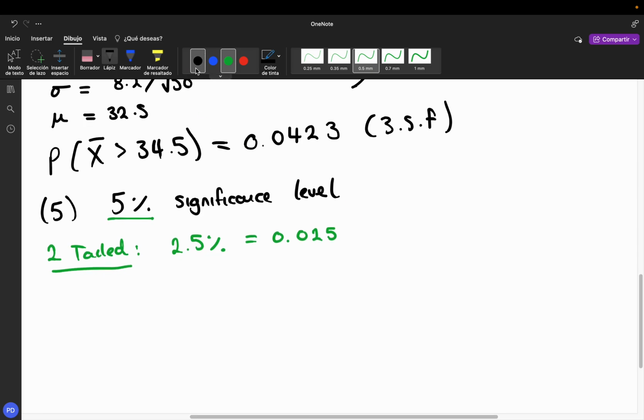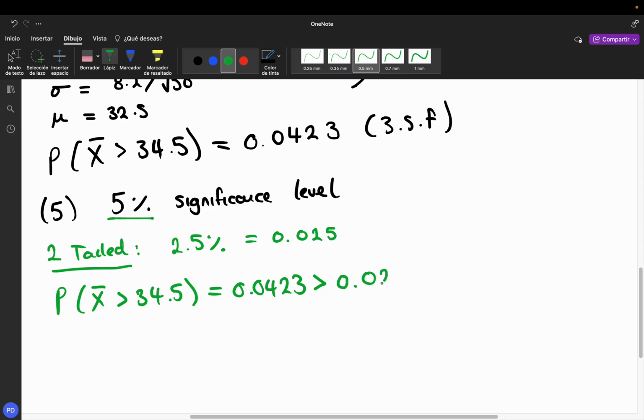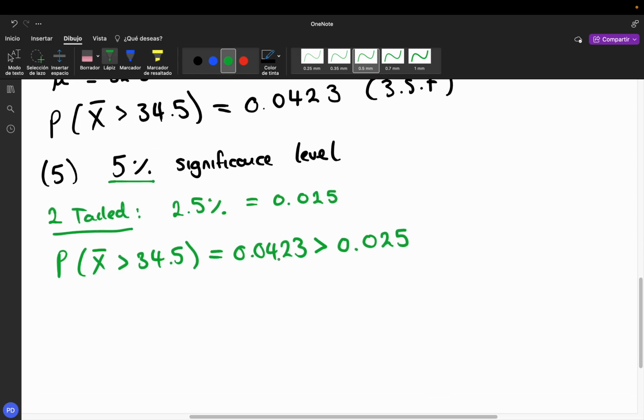Now, hopefully you can see that our probability, so our probability that x bar was bigger than 34.5, which is 0.0423, is bigger than our significance level. Okay. Now, because the probability that we just calculated is bigger, what this tells us, and you have to phrase it like this, okay?